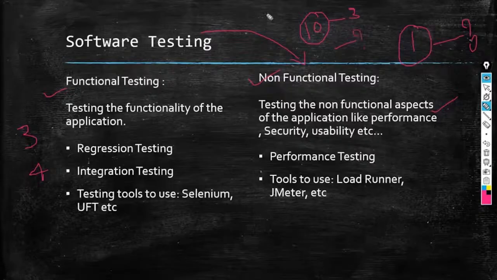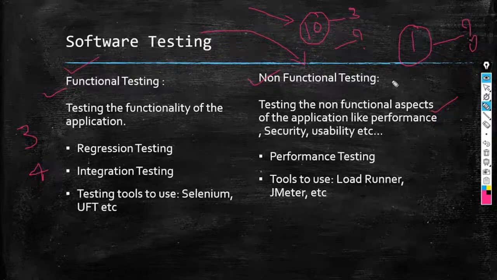So you have full capacity inside the lift and you press 3, how much time it takes to go to the third floor is equally important. So not only the functional thing, the non-functional aspect like performance is very, very important.